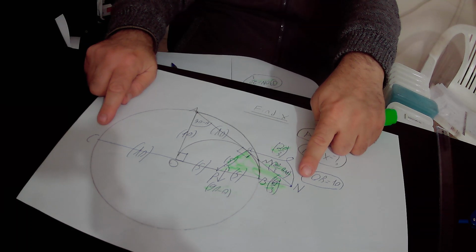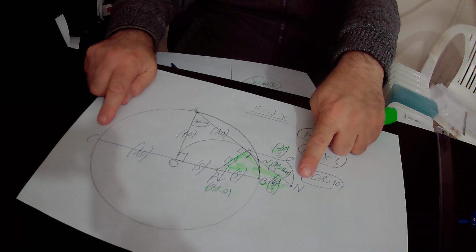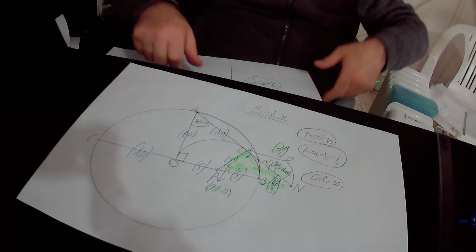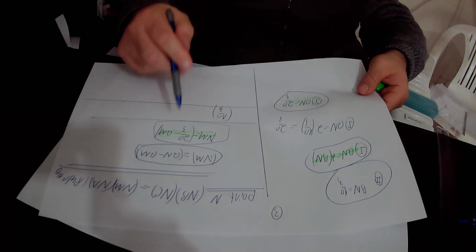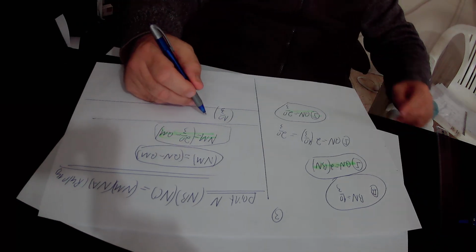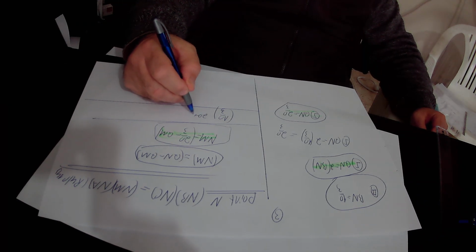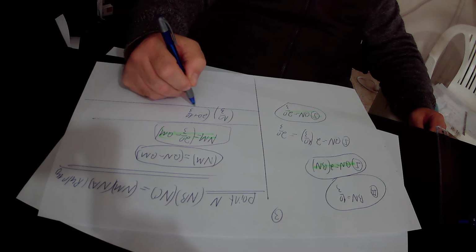So CN equals CO, that is 10, plus OP, that is 5, plus PB, that is 5. So in total 10 plus 5 plus 5 is 20, plus BN, that is 10 over 3. So in total CN, or NC, equals 20 plus 10 over 3.